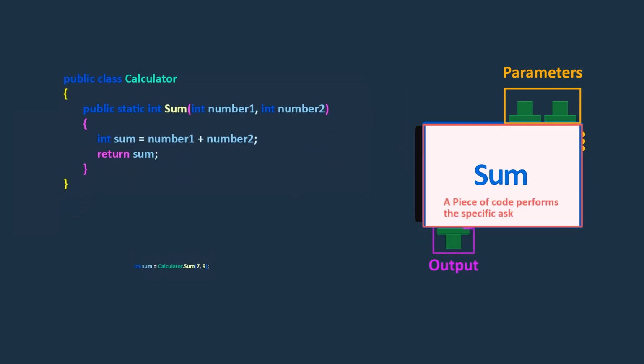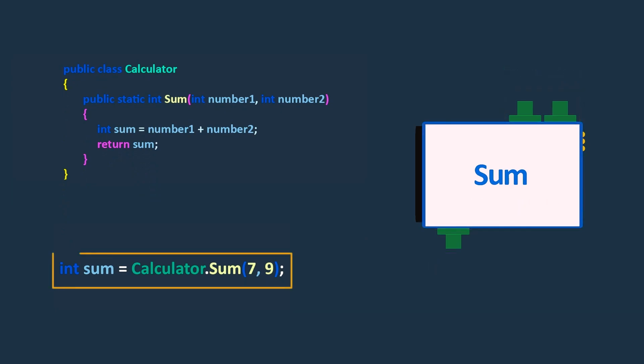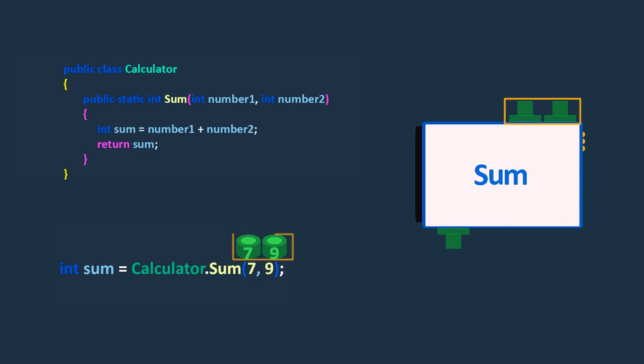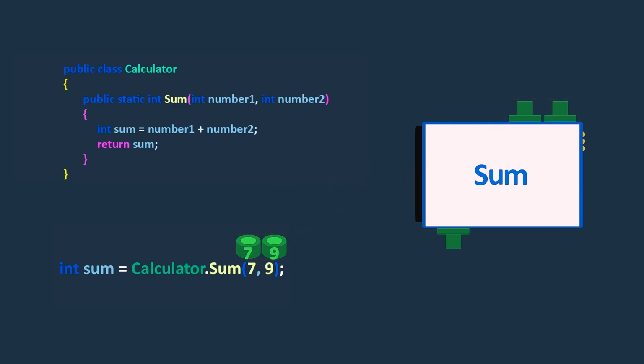To invoke the sum method and store its result in a variable, we use this statement. Based on the structure of the sum method, we need to pass two int inputs as parameters. So, in this example, we pass the values 7 and 9 as the two input parameters for the sum method.